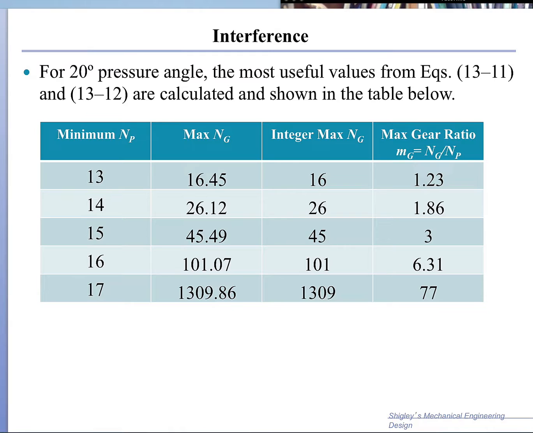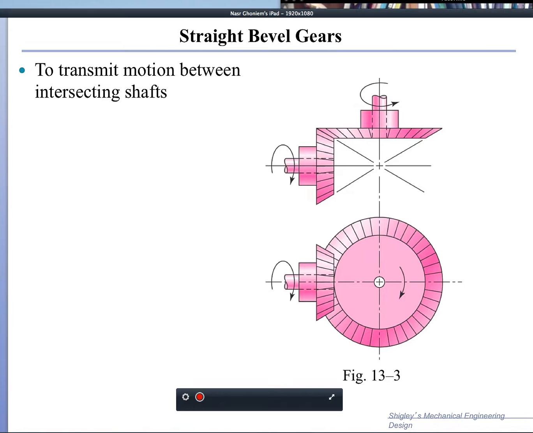That's essentially what's happening here: given a gear ratio and the angle, if we apply the equation, we find n sub p equals 15, and then we find n sub g equals 45, and in integer numbers it will be just 45, as you can see here.